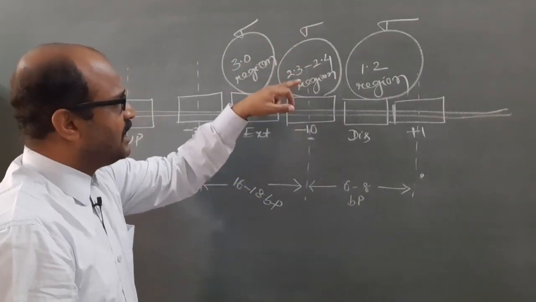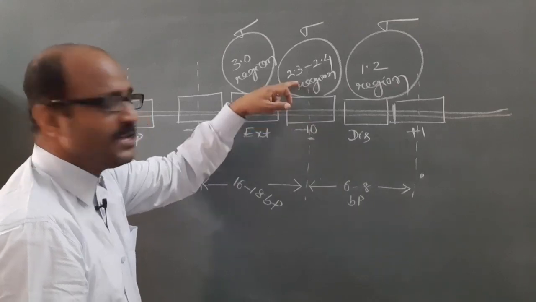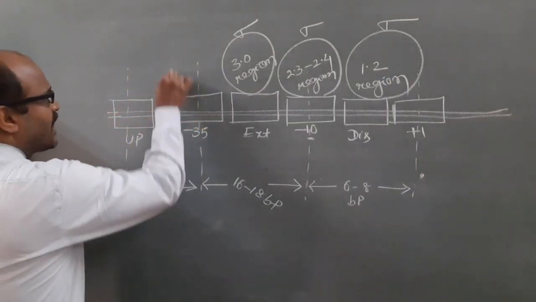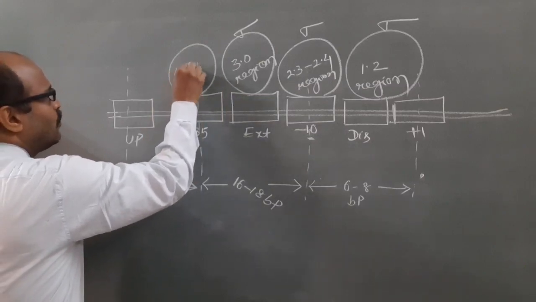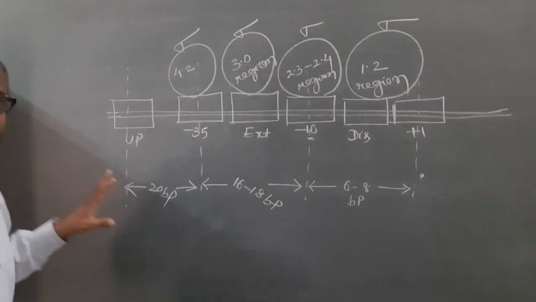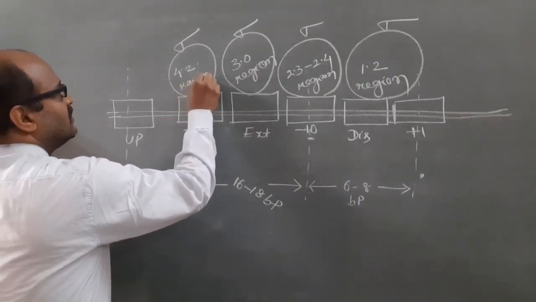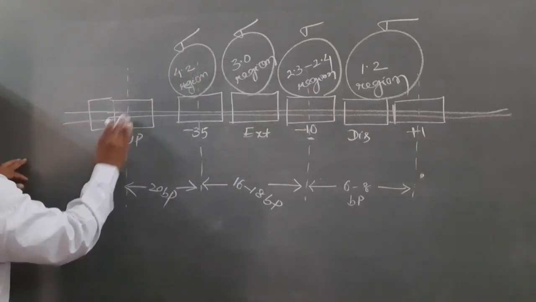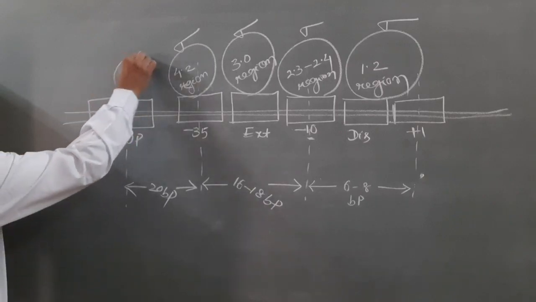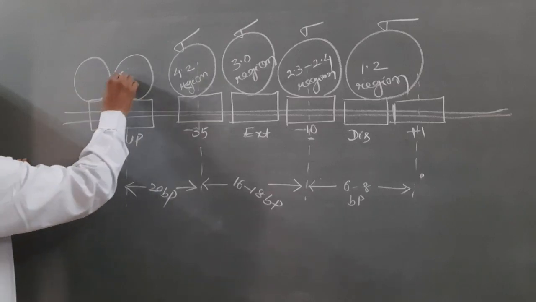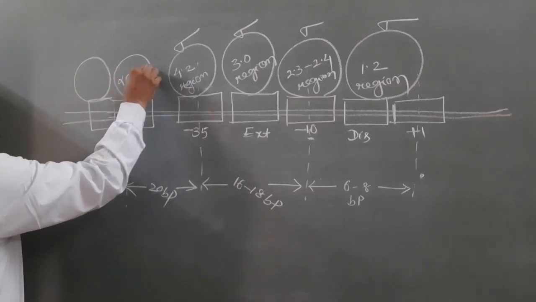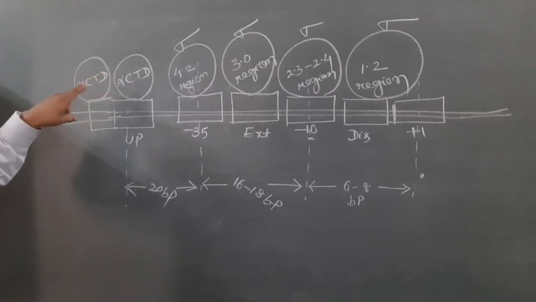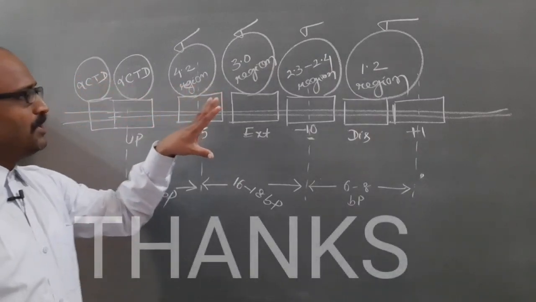Okay, and the -35 region is recognized by the 4.2 region of the sigma factor, and the up element interacts with the 2 alpha carboxyl terminal domain of the RNA polymerase enzyme.